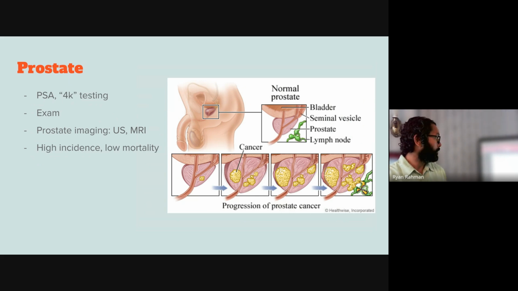And that's through things like a biopsy as well as imaging like ultrasound and MRI, if indeed PSA is rising or we have some concern on an exam like enlargement or a nodular feeling to the prostate. And that exam again is unpleasant. That is through the rectum. So that is how I feel the prostate, again through the rectum. So that's again unpleasant, but if there's concerns, I think that's an important thing to do.